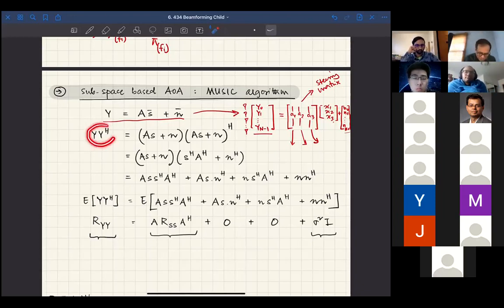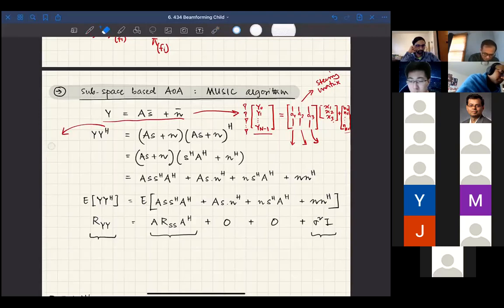So YYH should be AS plus N times AS plus N, Hermitian. H is nothing but conjugate transpose, Y conjugate transpose. So the right hand side also has that Hermitian.